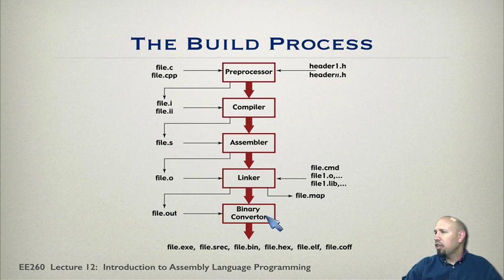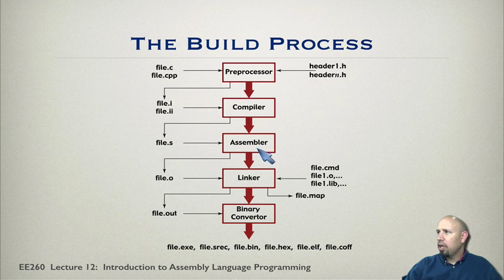And then that file goes into a converter, and that converter may be used to generate a number of different other files, executable type files. So for example, exe files, elf files, and so forth, hex files. Notice assembly is not actually the end game.